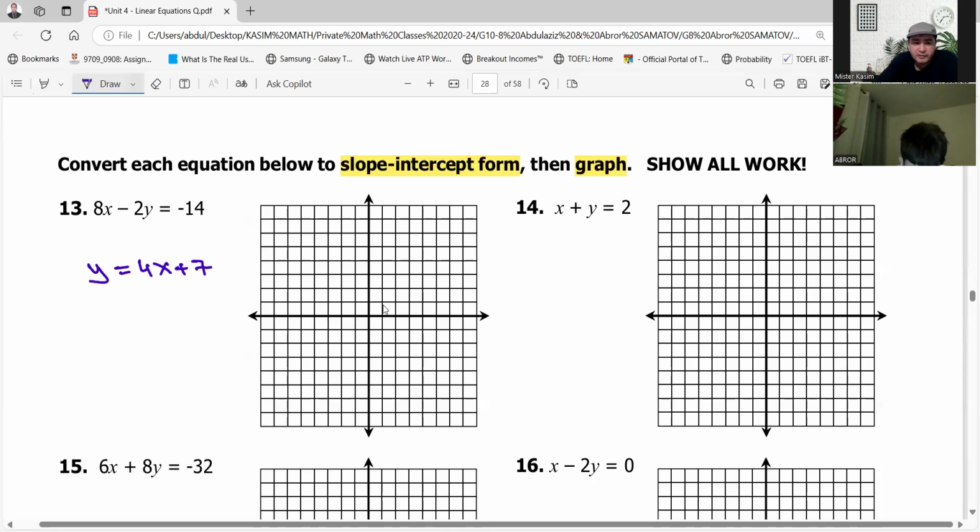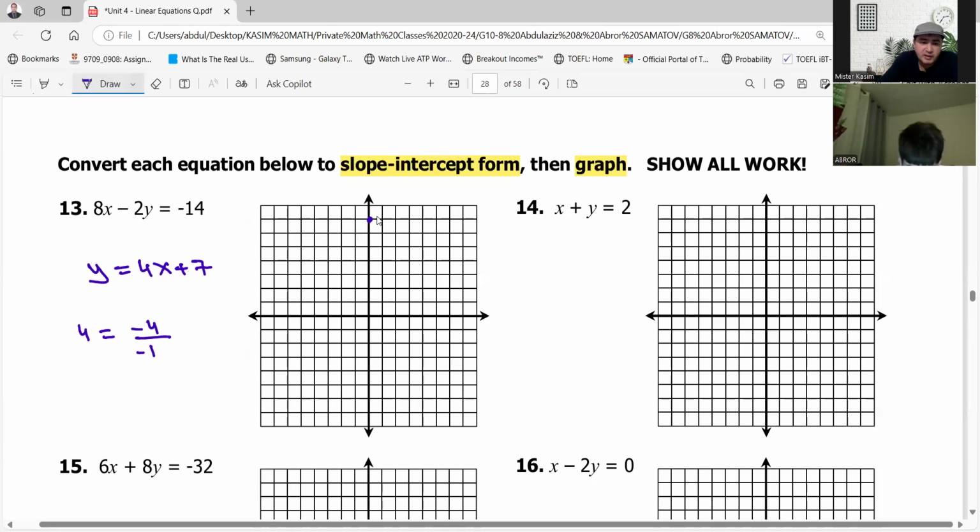Okay, now we're going to graph this. First, the y-intercept: 1, 2, 3, 4, 5, 6, 7. It is here. If I go up 4, I don't have any room, so we should go to the left. I can write 4 as -4 over -1. What does it mean? Run to the left and down, right?